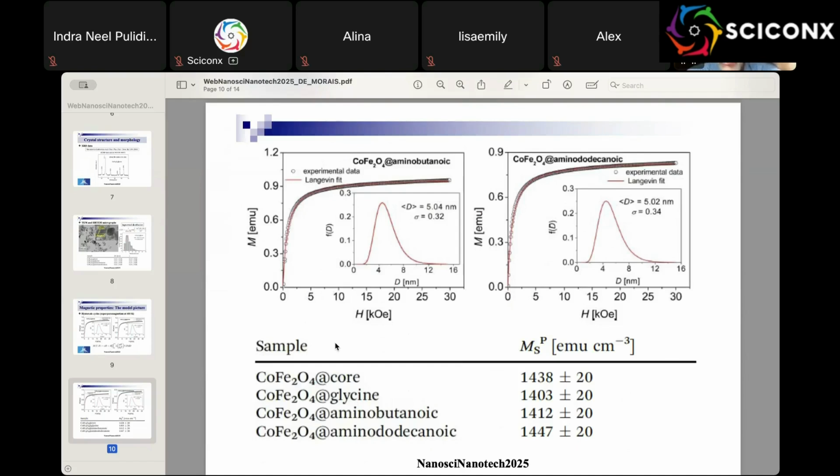And then you can see the values as you perform the surface coating. The first row is the native. And as you perform the coating, you can see this saturation magnetization per particle changing. And that change is related to the particle-particle interaction I'm going to discuss in the next slide, please.